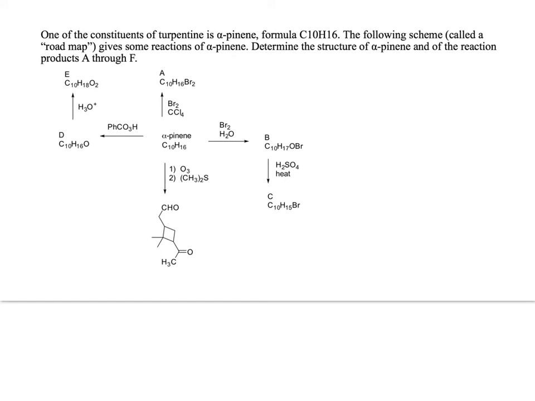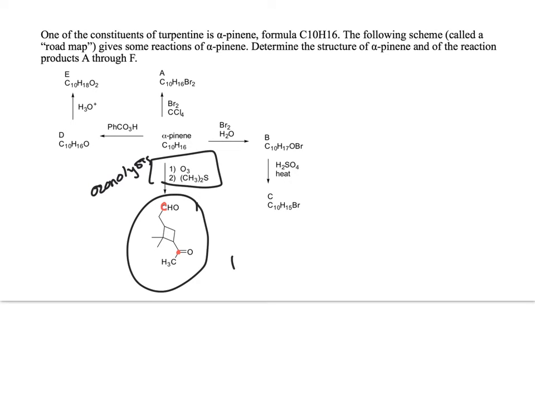And the key here is to look at this compound here and recognize that this is ozonolysis, which means ozone will break these bonds. And so you draw everything, and this is an aldehyde, and this is a ketone. So we need to draw those back together for this alpha pinene structure.